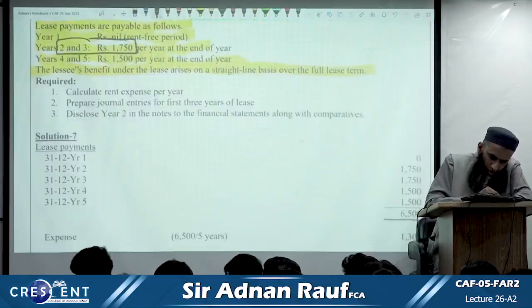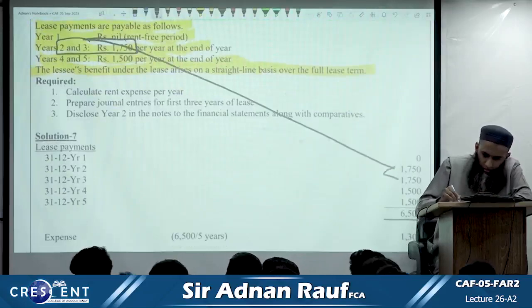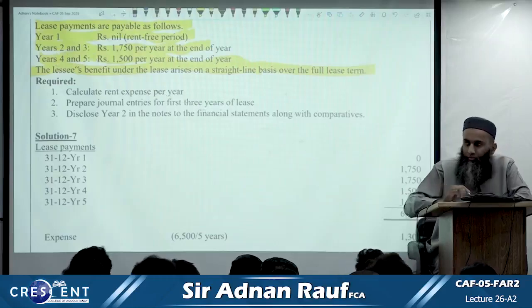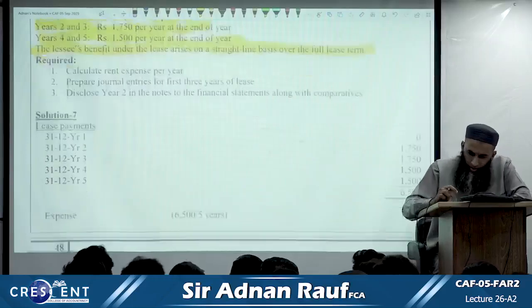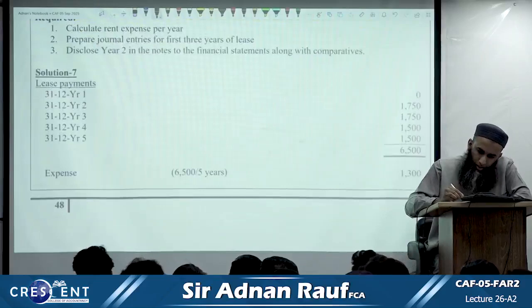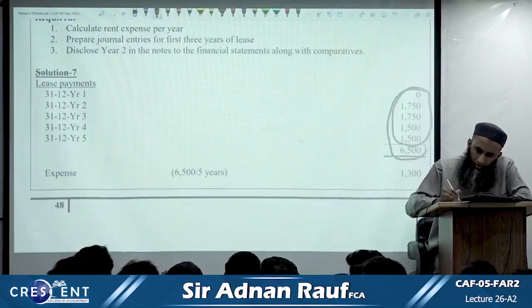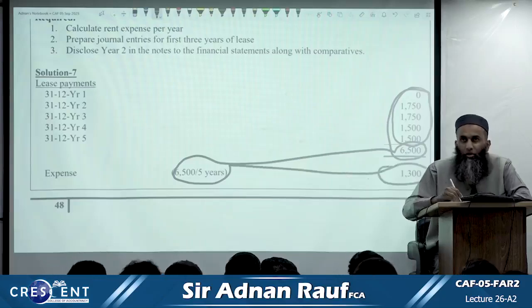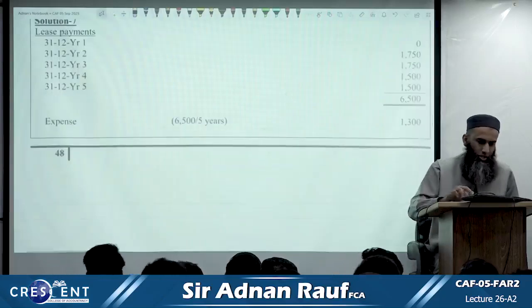0. Second and third year? Fourth and fifth year done. So all these were accumulated. 6,500 by code done. Let's go.